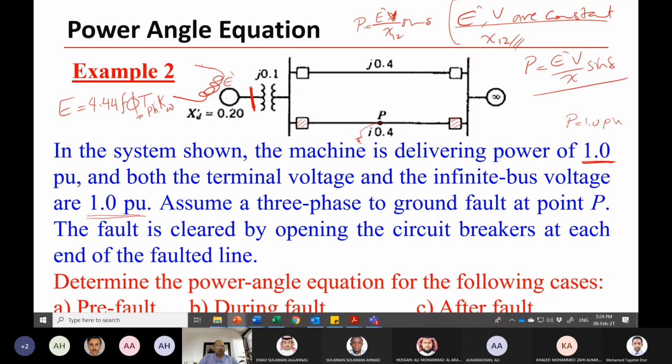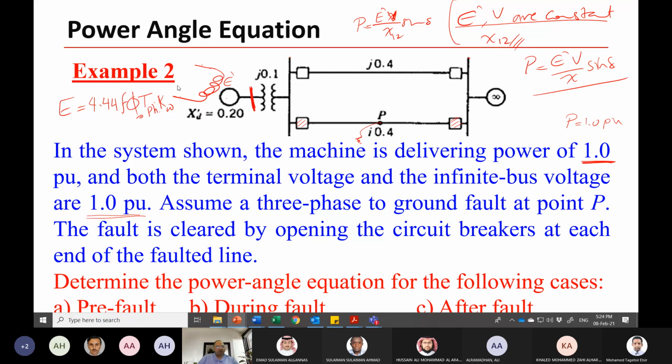We assume the flux is constant in this very short time, 1 cycle, 2 cycles after the fault. The flux control loop has a time constant of like 6 seconds or 4 seconds. So we assume the E prime is constant.